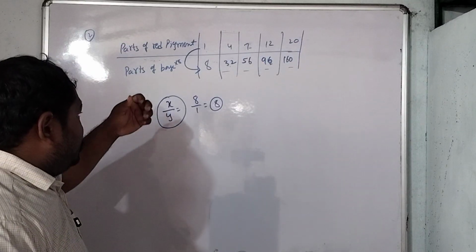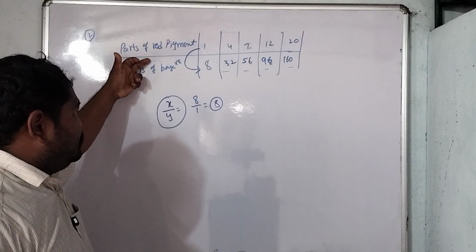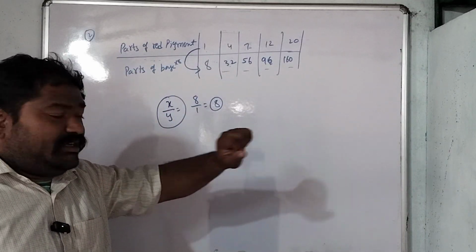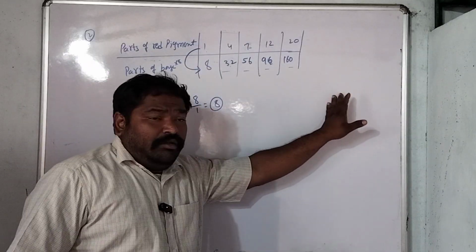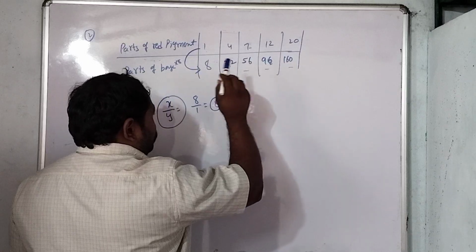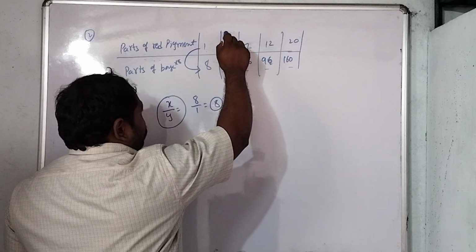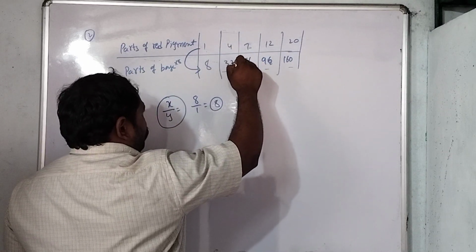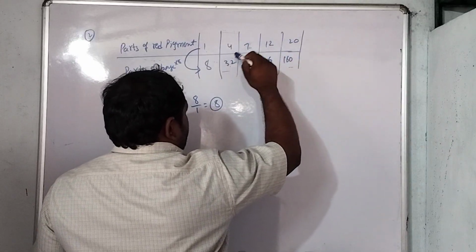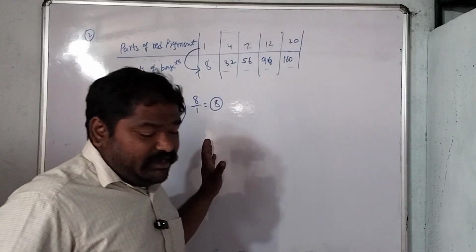Because the ratio between two quantities must be a constant throughout the proportion. We can answer like this also. Okay, thank you.